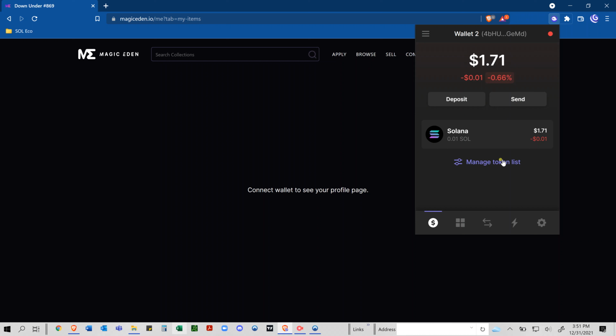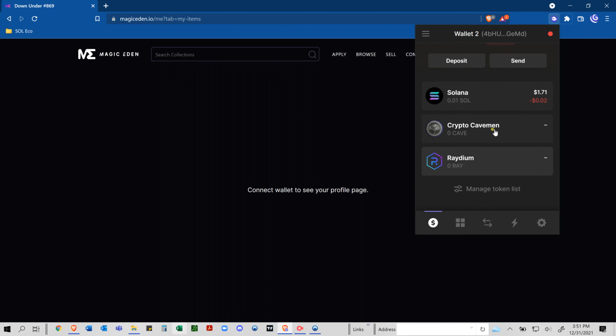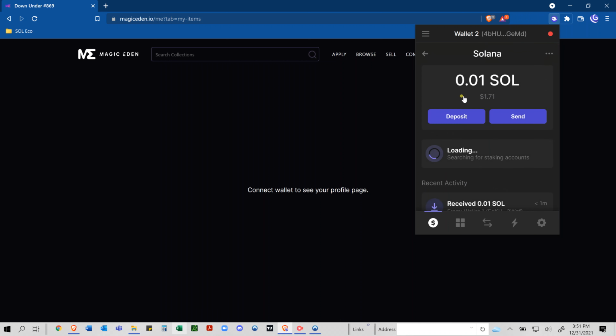So let's check the other wallet. There it is. And if you want to add tokens, you can just search through here. Like I was using Cave, Back Cave, no idea what that is. Raydium, add that, close, and then they'll appear here.